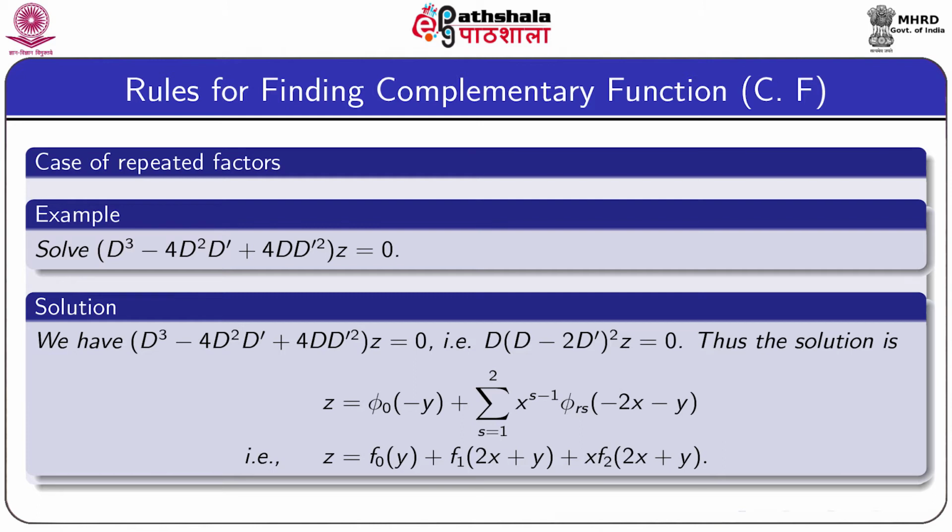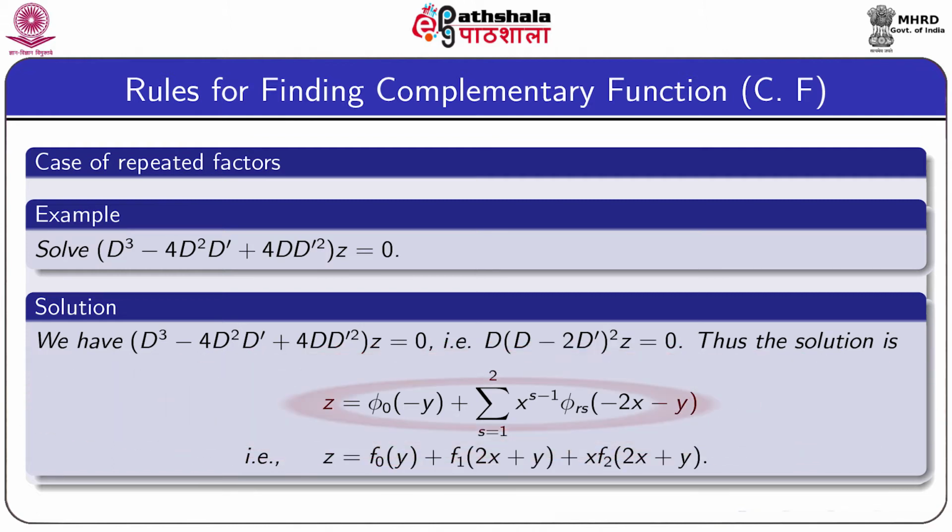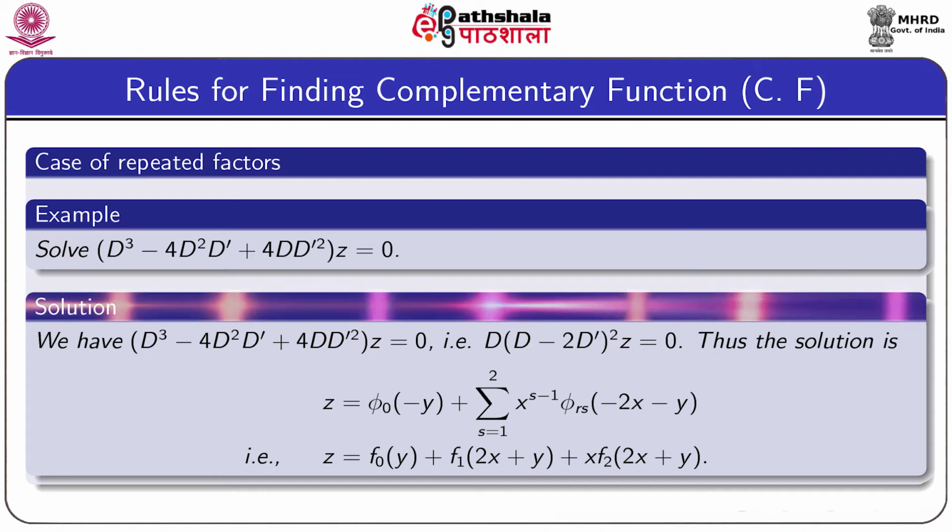So, we need to use the concept which we have learned just now to find the solution. One solution, the first one, is z equals φ0 of minus y, which corresponds to the factor D. And there are two unknown functions which correspond to D minus 2D dash, which is written here as the sum over s of x to the power s minus 1 φrs of (minus 2x minus 2y).